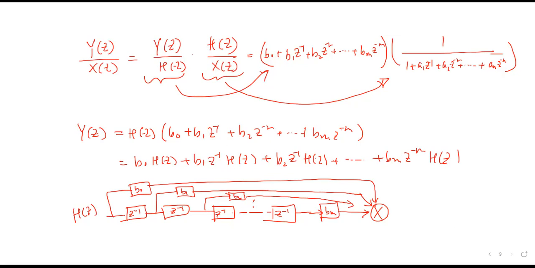Now the second representation that we have is H(z) by X(z) equal to 1 by 1 plus a1 z inverse plus a2 z to the power minus 2, and so on up to an z to the power minus n.